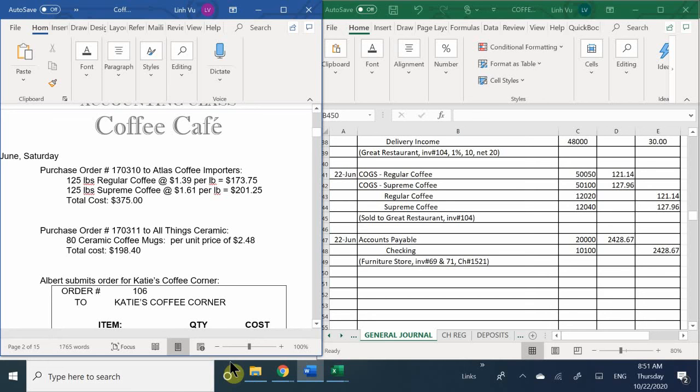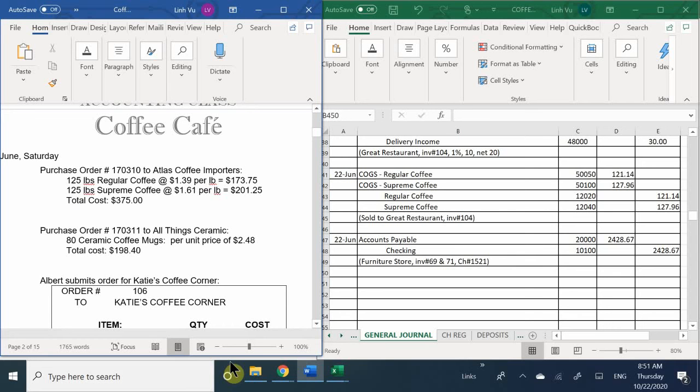So general ledger, sorry, the general journal. We're going to do the date. Okay, so what is this? Oh, it's the purchase order.